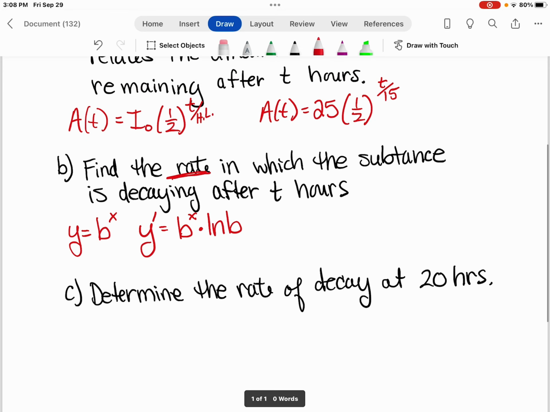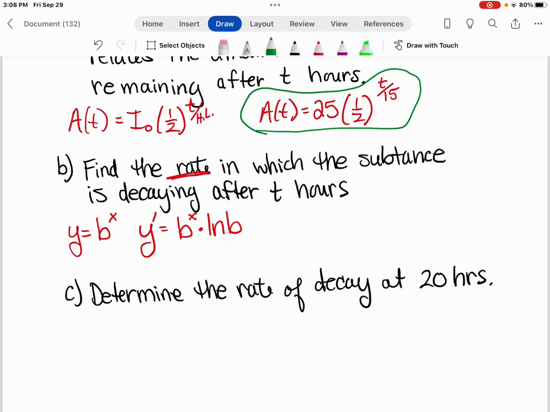So for this specific example, when I take the derivative of our formula from part A, this is an exponential function. So I have that A prime is going to be 25 times 1/2 raised to the power of T over 15.